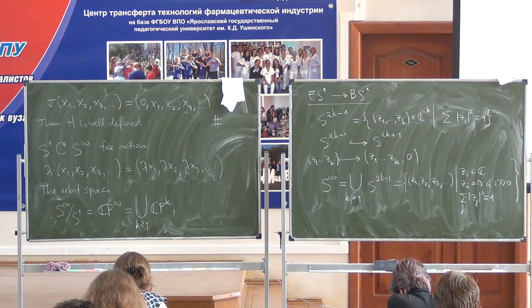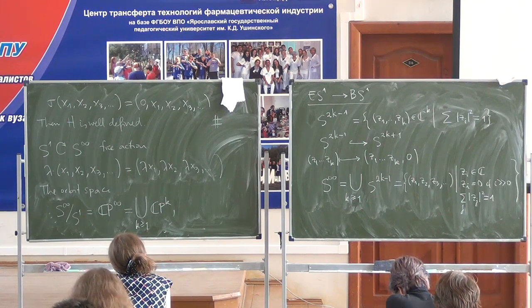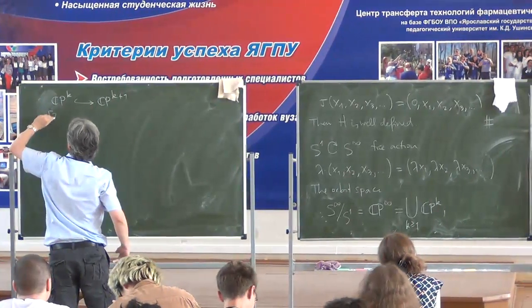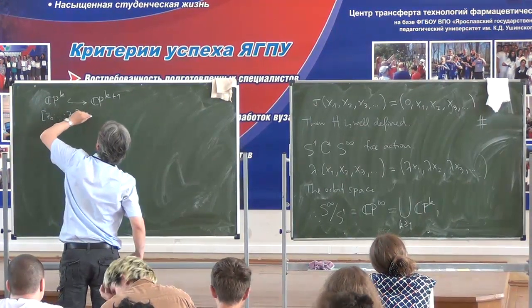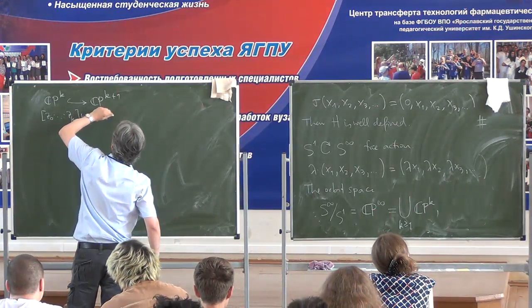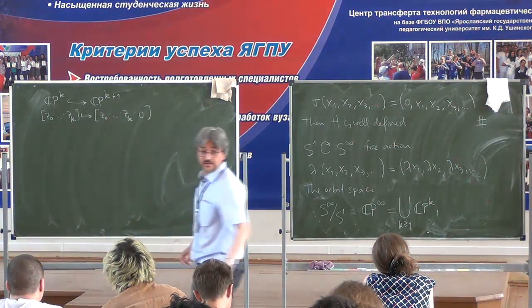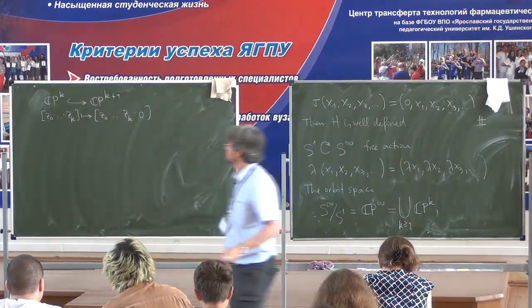So CPk is embedded in CPk plus 1 this way, and again, the topology is the limit topology.